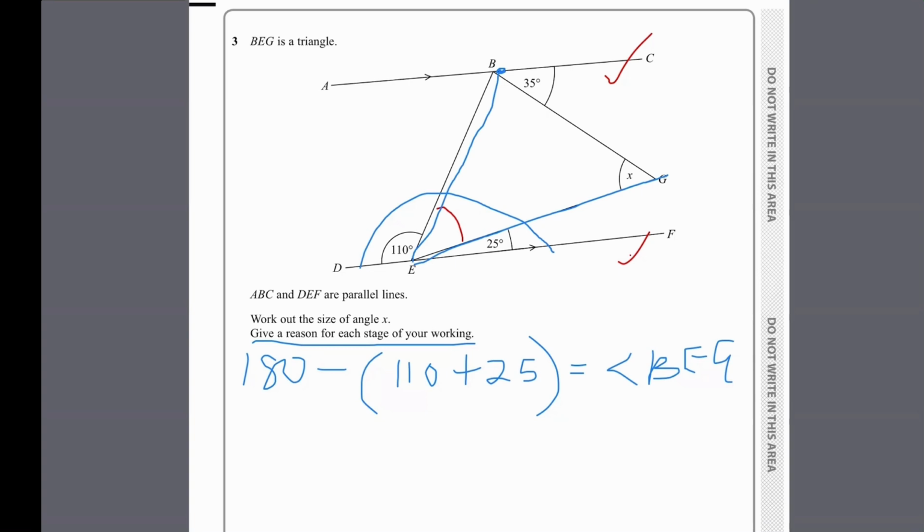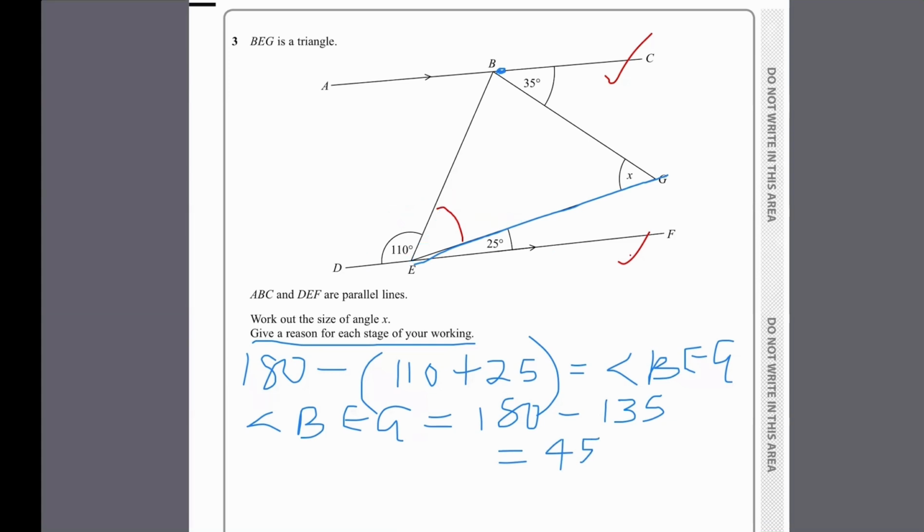So from here, we can say that angle PEG is 180 minus 135, and that is going to give us 45. So for that reason, we can come over here and change the angle here to 45.